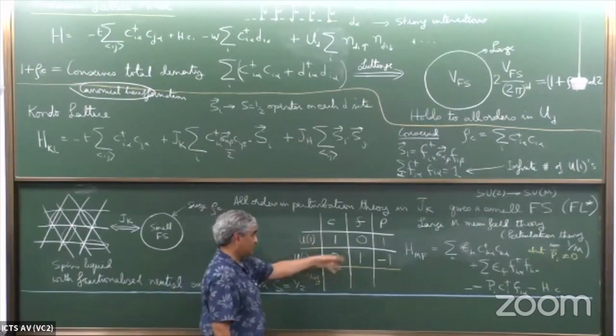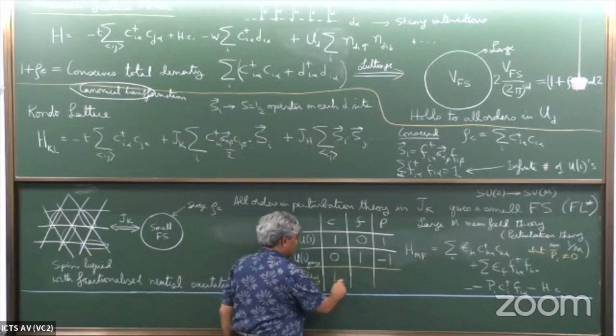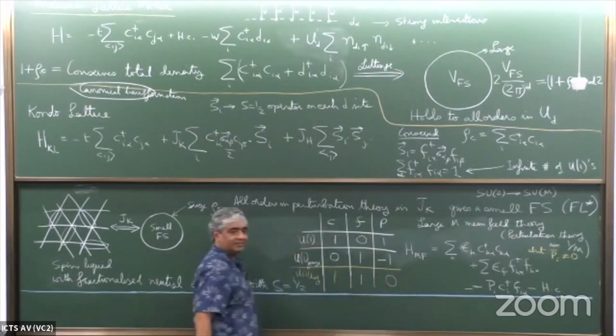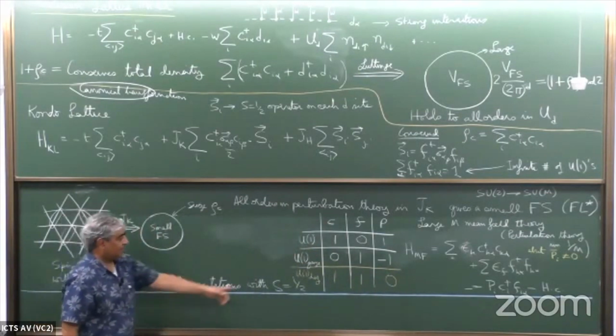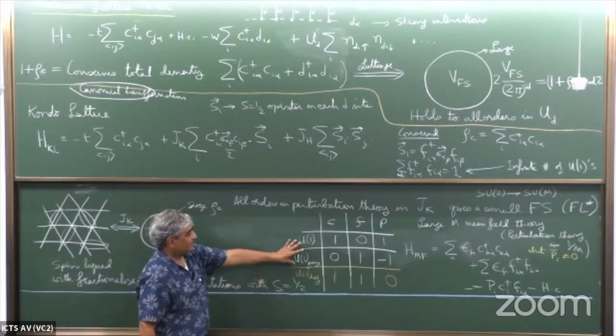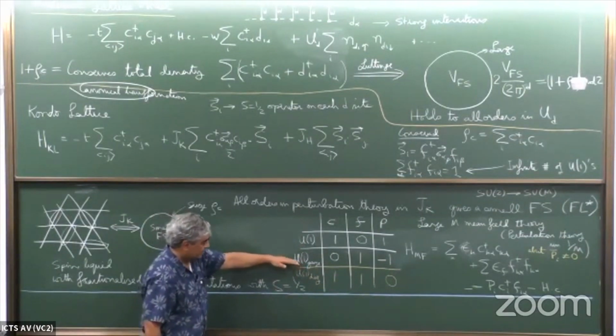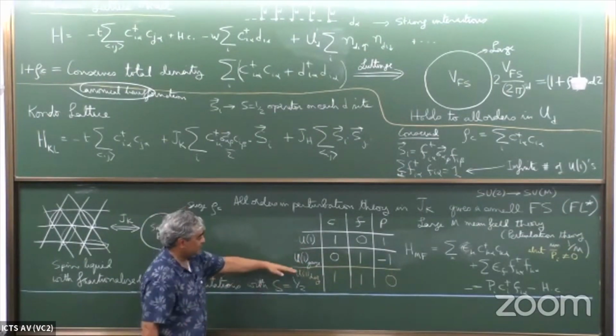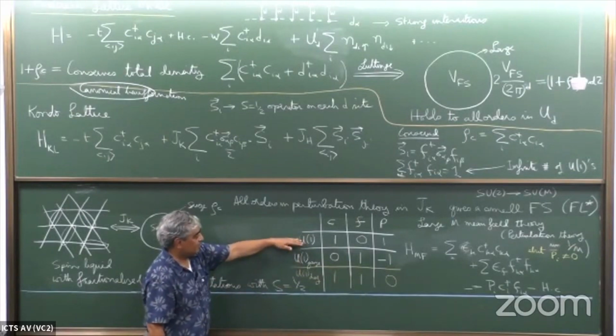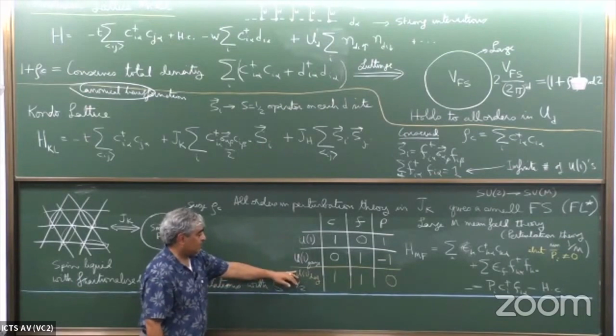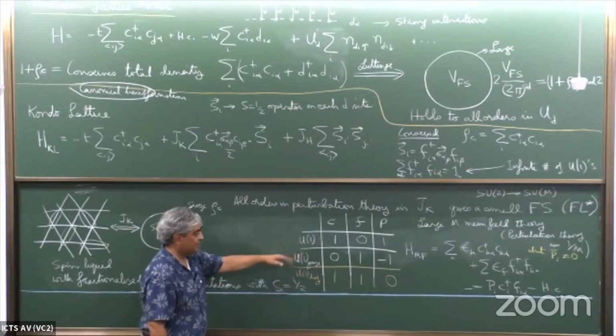So you just add up these charges, and you'll get 1, 1, 0. There's a U1 diagonal symmetry, where the transformation is the same in this U1 gauge and U1 global. So this U1 diag is the sum of these two.